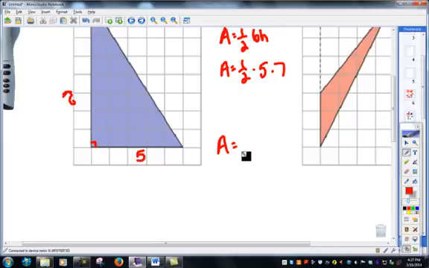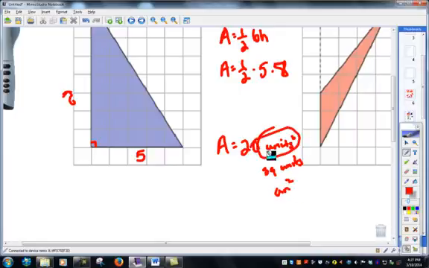You're going to end up getting 20. Since there are no units here, you're going to want to write units. You can write the word units squared, or square units, or I would accept UN squared. I'll accept that too.